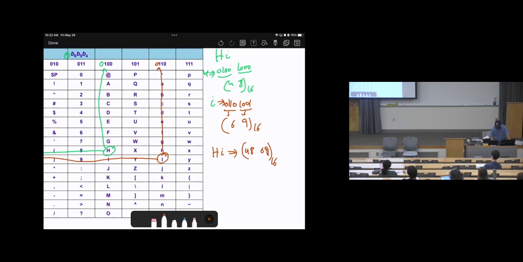But most likely, since the computer is not understanding this as numbers, it will store it as 0, 1, 0, 0, 1, 0, 0, 0, then the other bits 0, 1, 1, 0, 1, 0, 0, 1. That's how the computer understands hi.